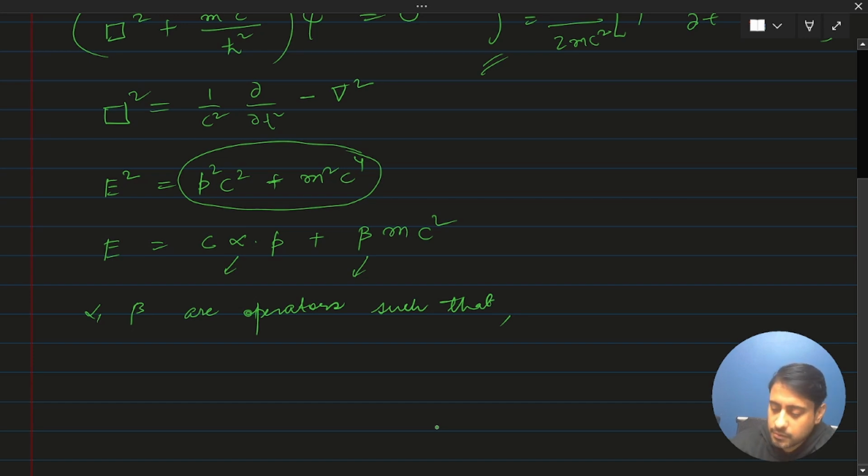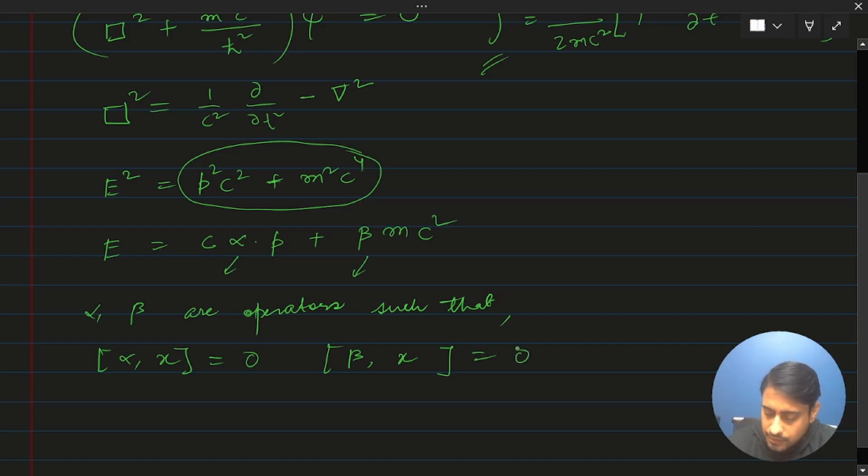So for simplicity we have assumed that alpha commutes with x and beta also commutes with x.